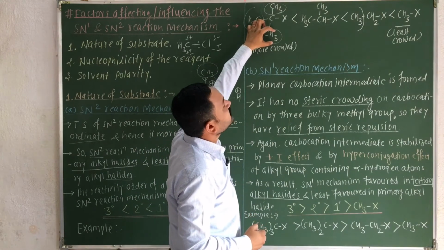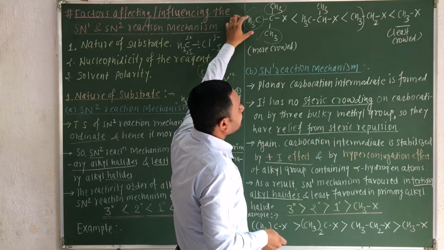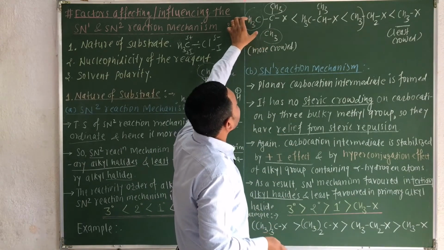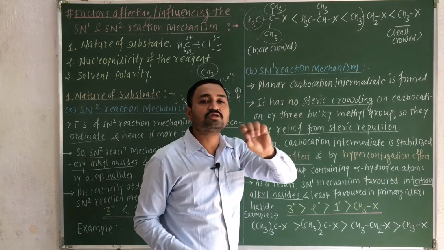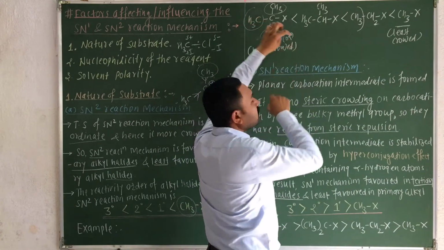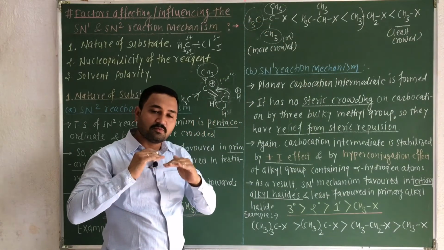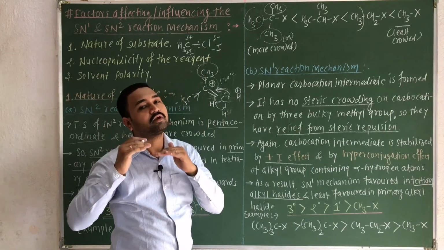These 3 hydrogen atoms will show 3 resonating structures. This will again show 3 resonating structures, 3 plus 3 is 6, and this hydrogen atom from this methyl group will also show resonating structures. So the total number of resonating structures will be 9 for hyperconjugation. So if the number of resonating structures is more, then the stability of that particular carbocation will be more.